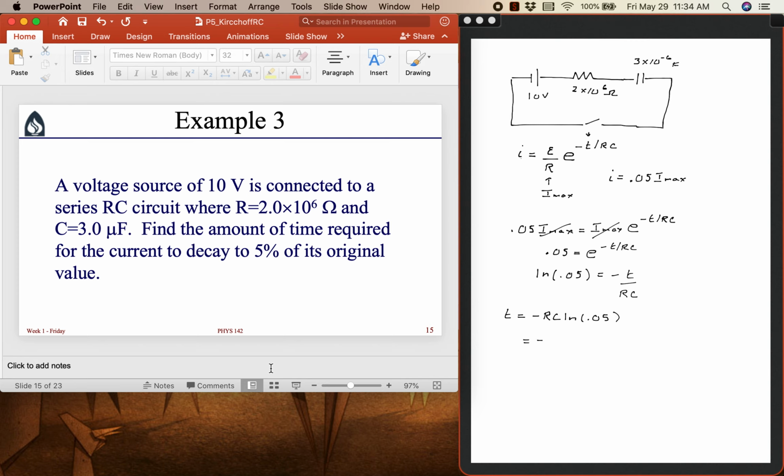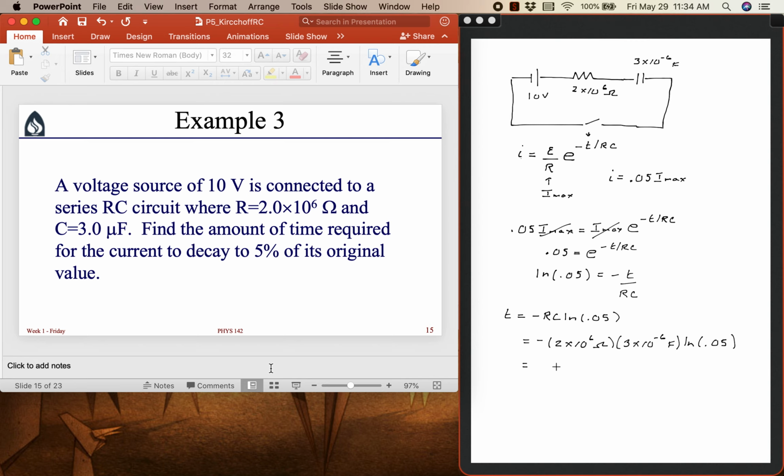So then let's plug in some numbers. The resistance of the resistor is 2 times 10 to the 6 ohms. The capacitance of the capacitor is 3 times 10 to the minus 6 farads. And then I have the natural log of 0.05.